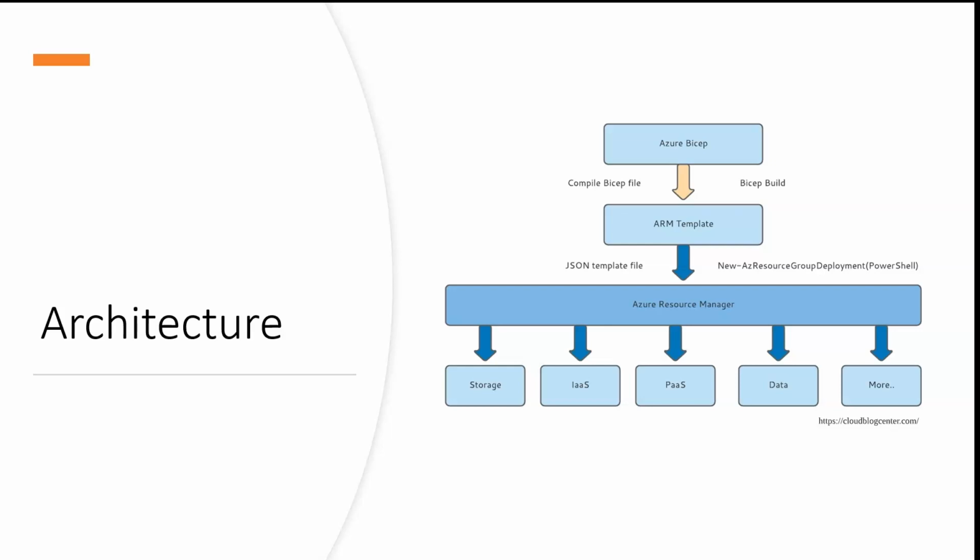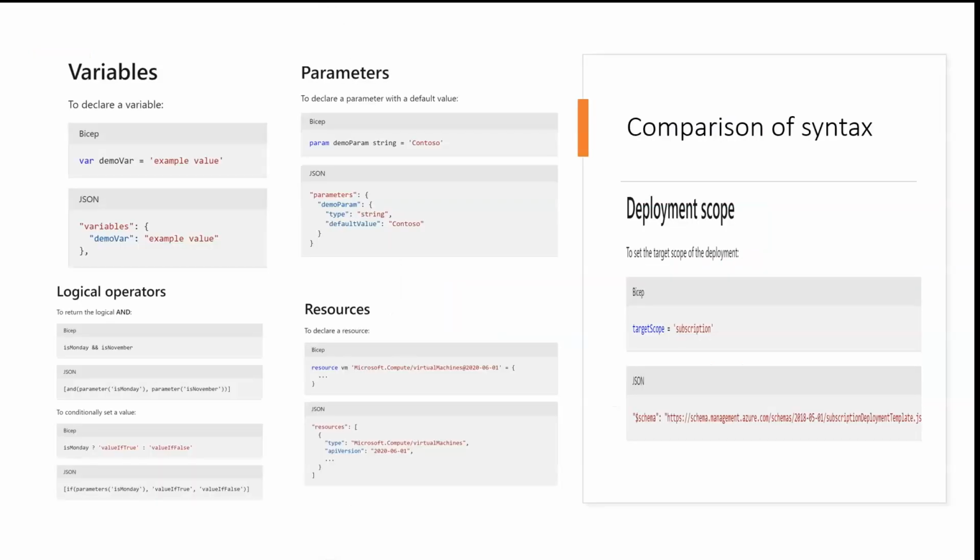Like in .NET, if there is some issue, you get the IntelliSense. Suppose I'm missing some parameter, you will see that you are missing those parameters, so you should correct that, which was not possible in ARM templates. You know that only when you are going to deploy them, and you verify them using the deployment verify command in Azure CLI. So there are a lot of benefits.